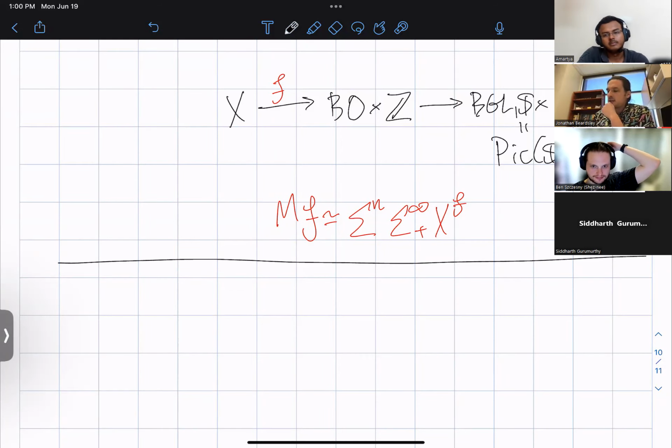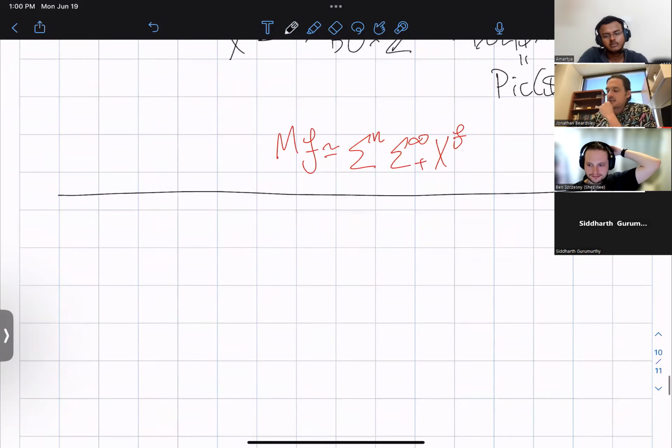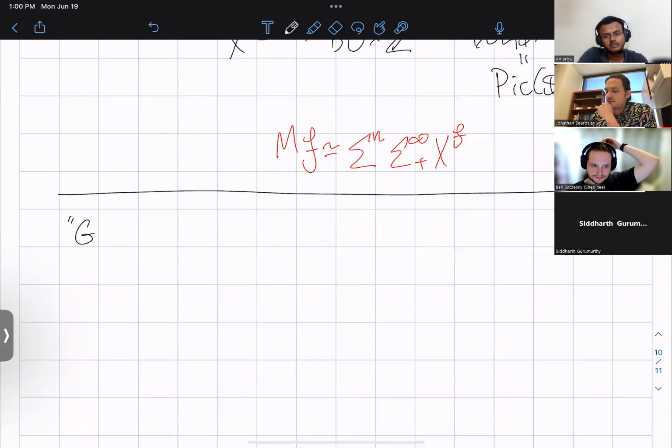So maybe there's one other aspect about this stuff that I'll mention, which is that there's a sort of Galois structure for these things.